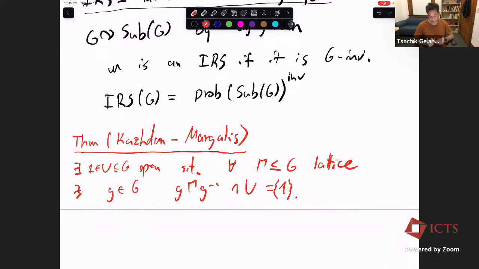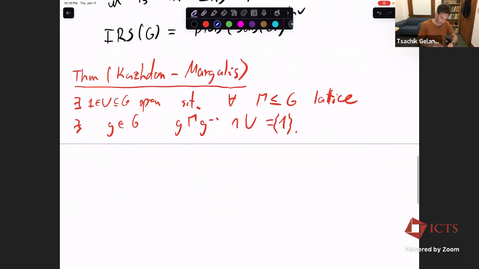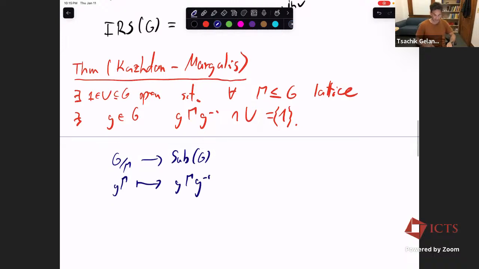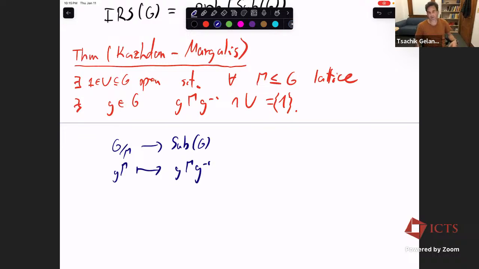So that's a theorem. Now I claim that if you consider general IRSs instead of just lattices, then okay. So first, why does a lattice give you an IRS? You have a map from G mod gamma to Sub G, taking a coset to its conjugate, and then you can push forward the probability measure from G mod gamma to the space of discrete subgroups, and you get an IRS supported on the conjugacy class of gamma.